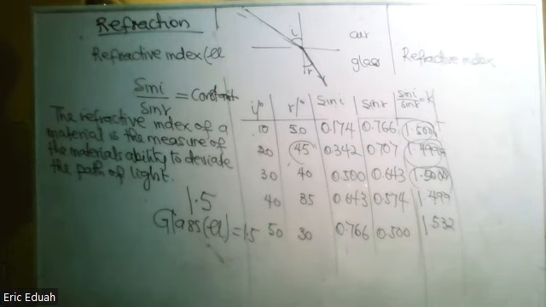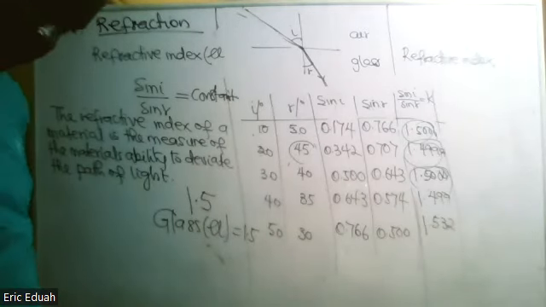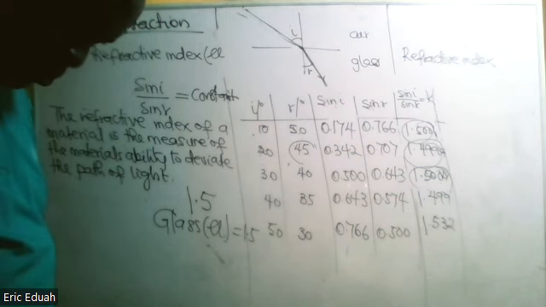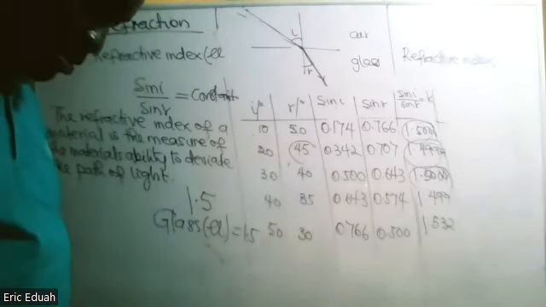Any question? Please, since there's a constant, does it mean that for any given pair of media, as long as they are the same, they will give you the same constant? Yes.